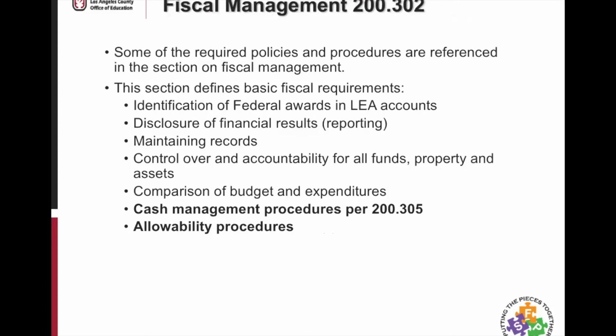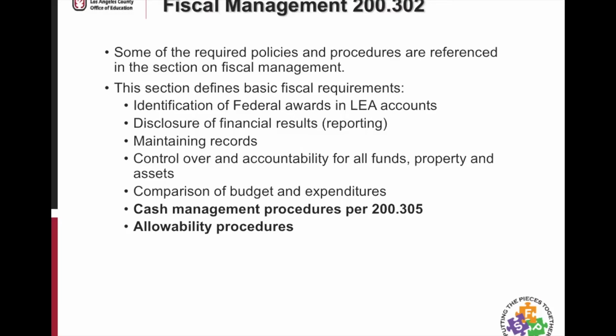So we'll look at this section of the code that addresses fiscal management, and some of the required policies and procedures are embedded in that big topic of fiscal management.